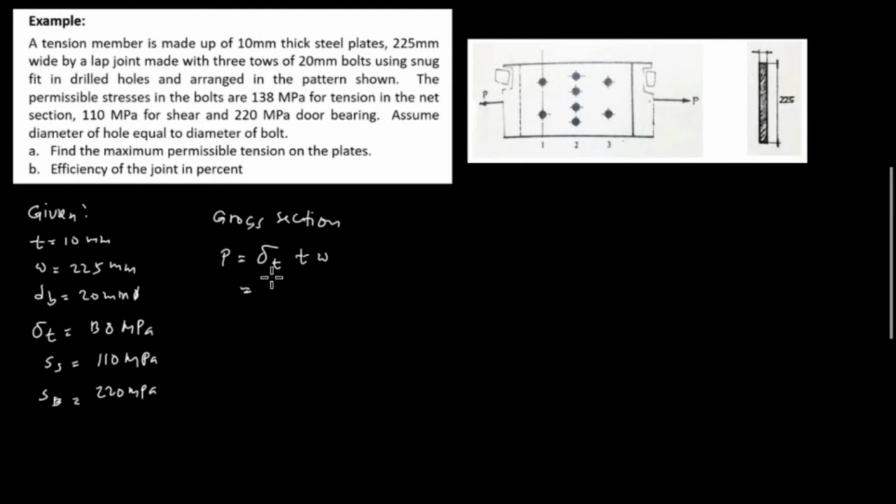We can find the value for P, which is 138 megapascal multiplied by the thickness of the plate, which is 10, and the width, which is 225, or P is equal to 307,740 Newton.